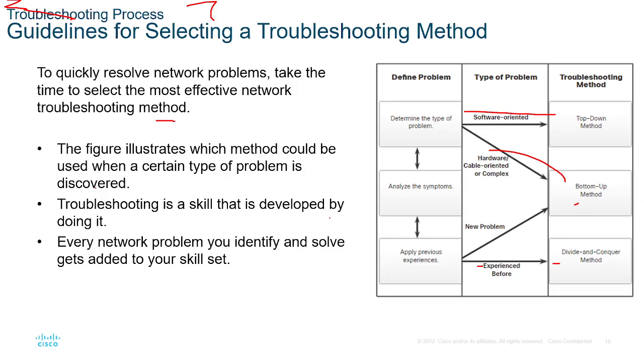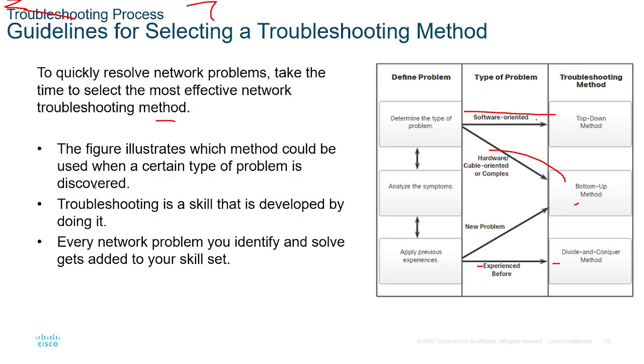Guidelines for selecting a troubleshooting method. To quickly resolve a network problem, take the time to select the most effective network troubleshooting method. This figure will help us. So for defining the problem, we have determined the type of problem.